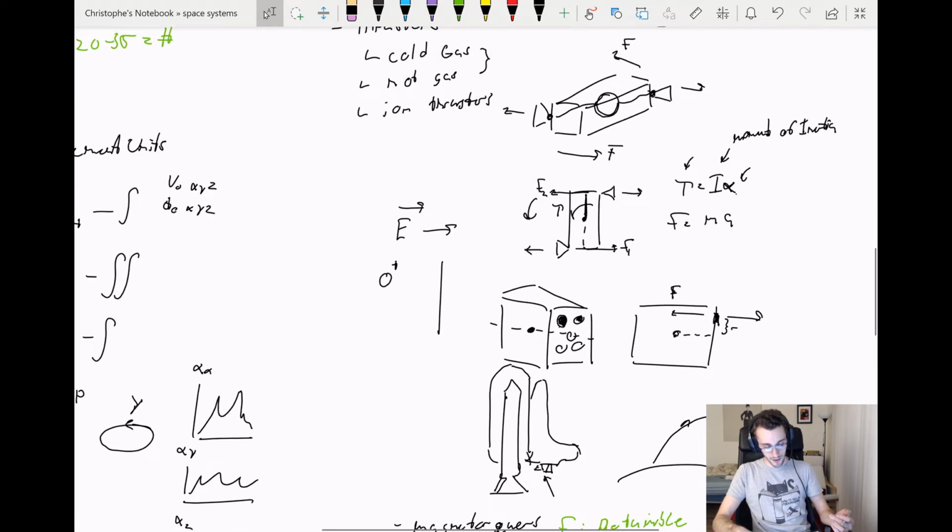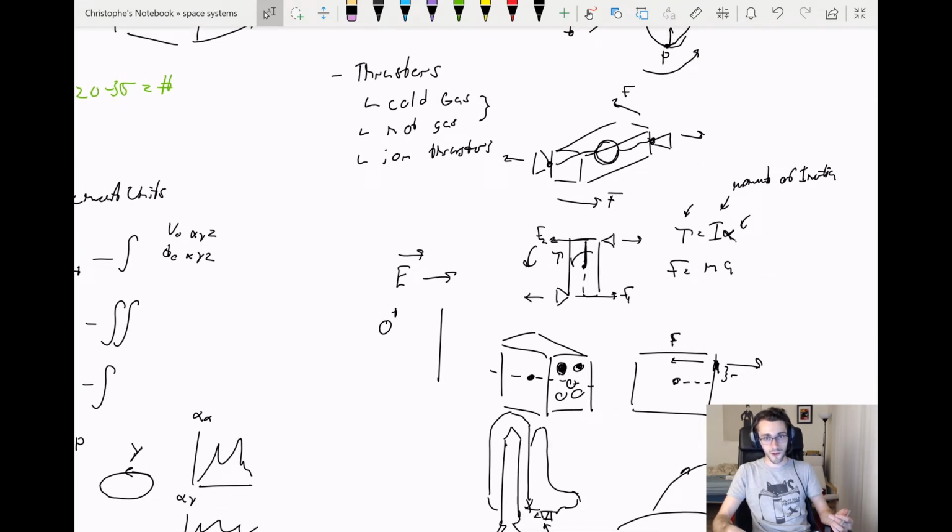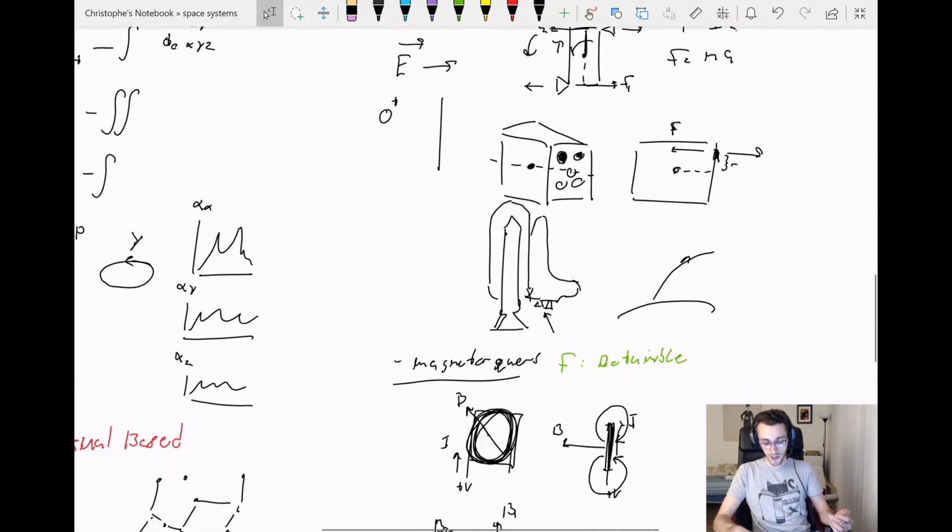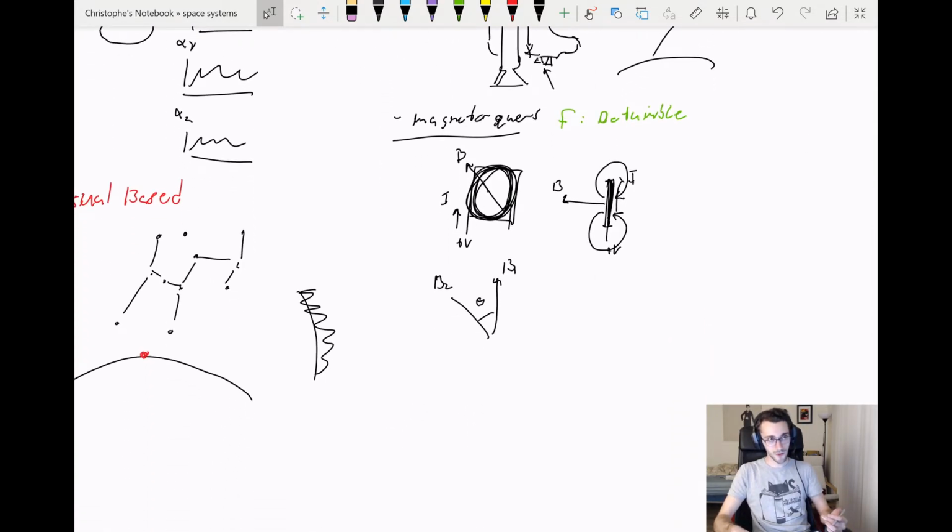So yeah, we've got thrusters, we've got magnetorquers. Another way of passively controlling your attitude is gravity gradient. This one's a little bit more complicated, but it's not too hard to get a grasp of.